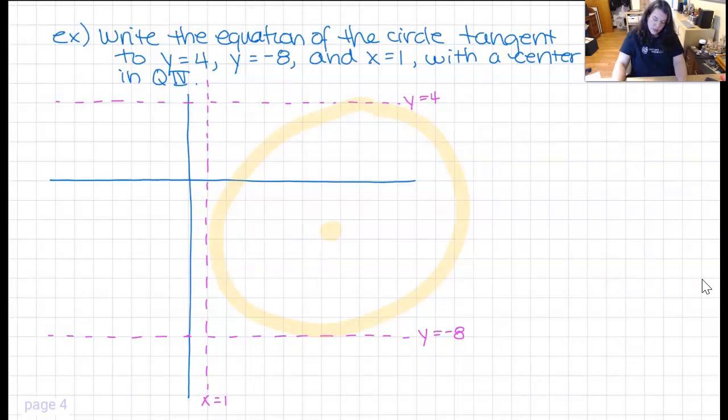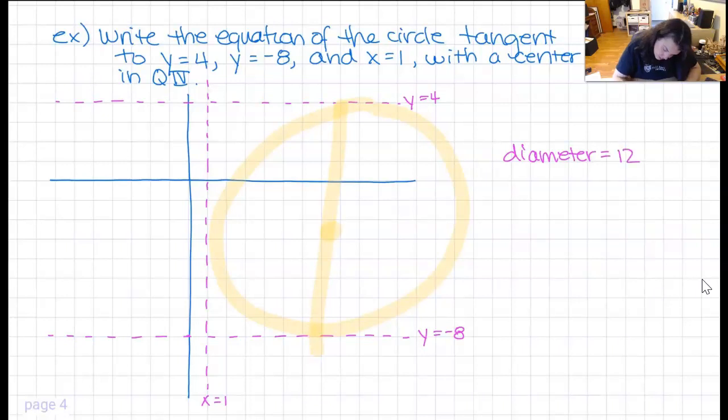All I have to do now is just find the diameter. Remember, the diameter will connect those two lines right there. So I know the diameter, the distance between negative 8 and 4, that's 12. So the diameter is 12. Which means the radius is 6.